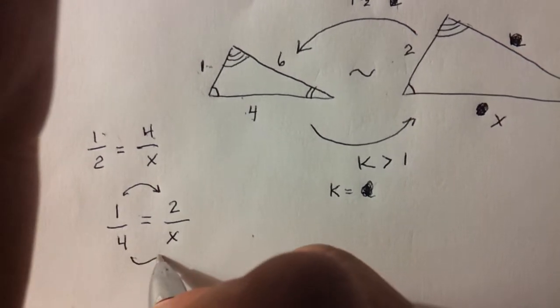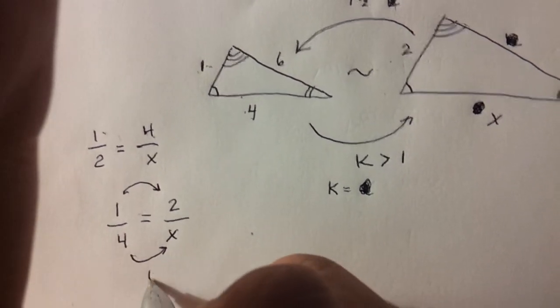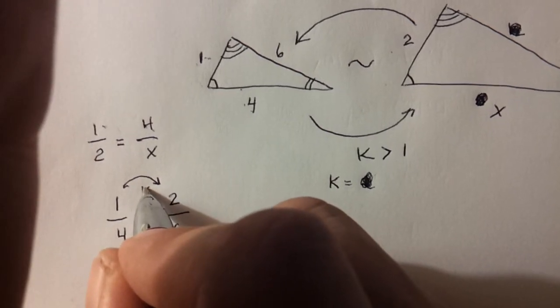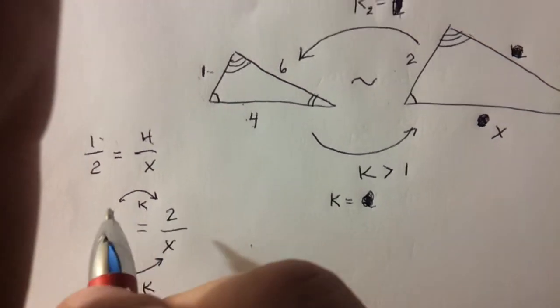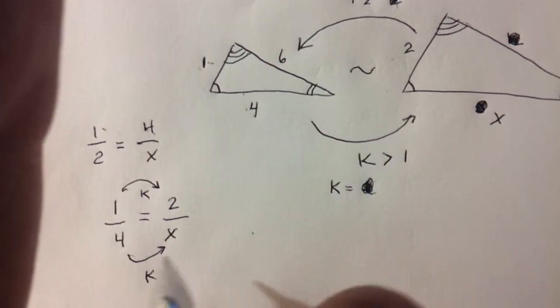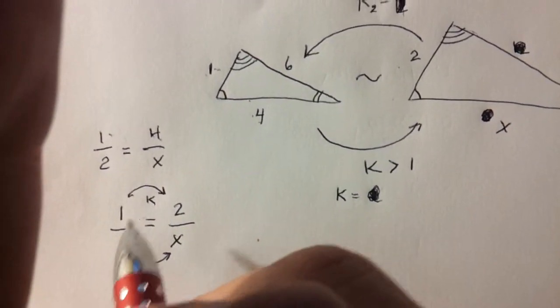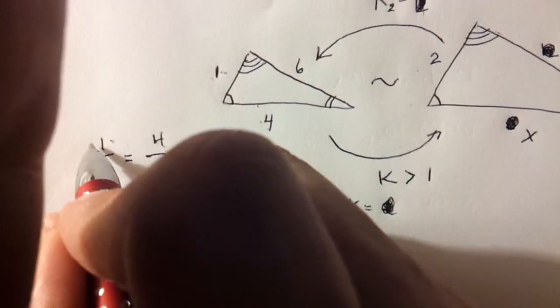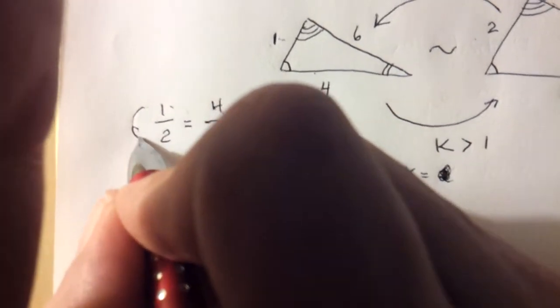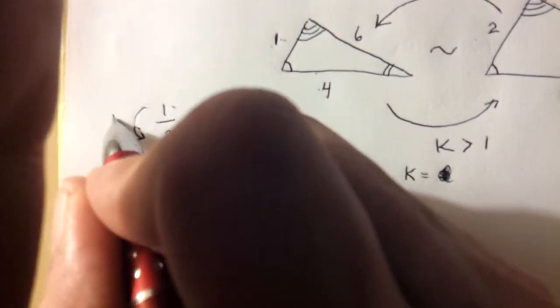So the difference right here is, in this one, you're going to multiply by k in this direction. Since I'm going in this direction down here, it's going left to right, or small to big. If I go here, I have to look at the scale factor going top to bottom.